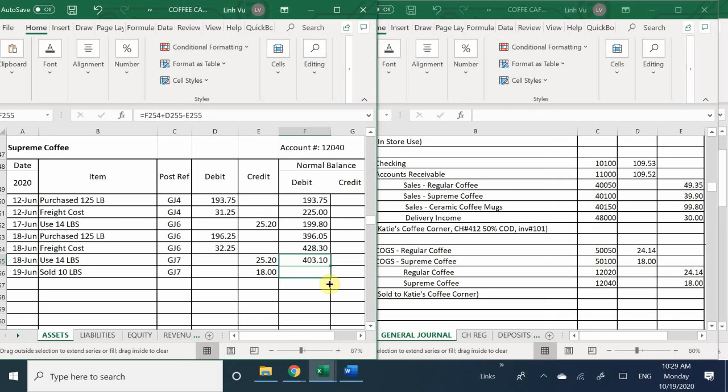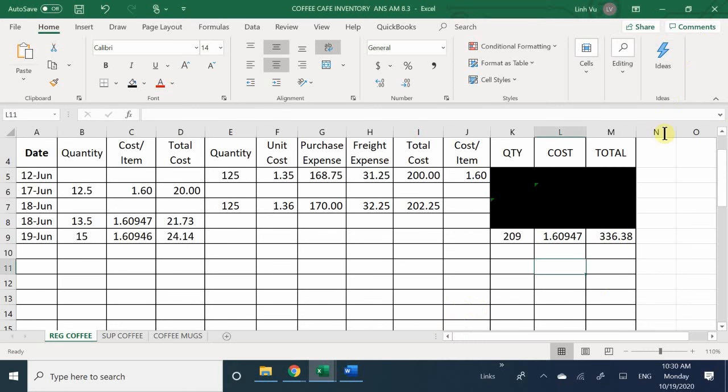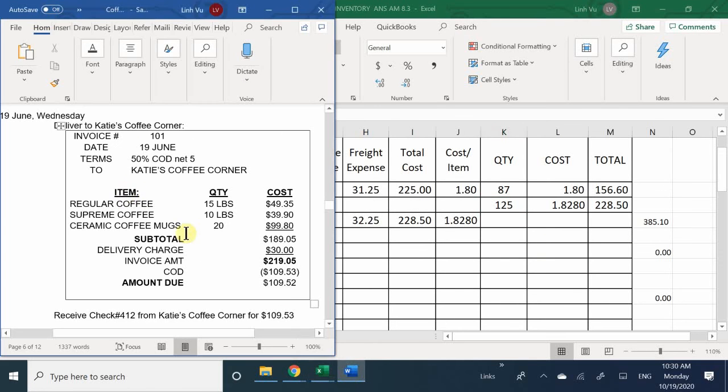I thought I did it first. 385. 385.10, which if we look at our inventory worksheet is exactly what we have right here. Total for my Supreme coffee is 385.10. Okay? So good. All right.